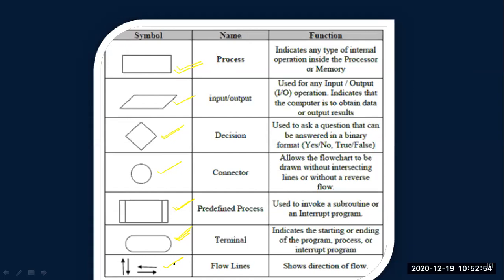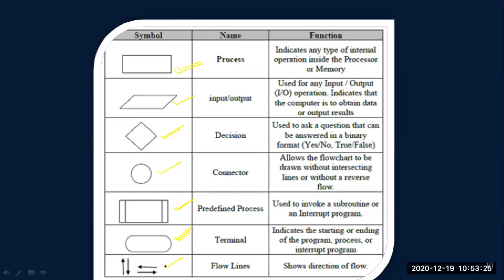In an algorithm, we made it look like a sequence of steps: step number 1, step number 2, step number 3, step number 4, step number 5, step number 6, end. So I understood that these are the steps which need to flow one after the other. Then in a flowchart, how do I understand how my flowchart is moving or flowing, how the control of my problem is going on?